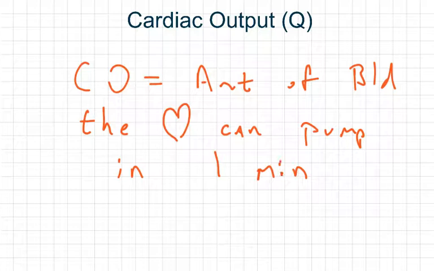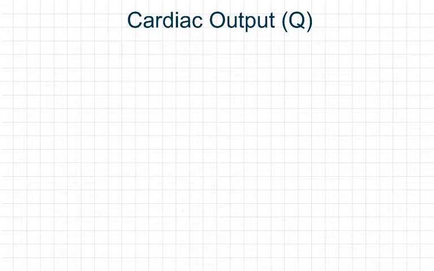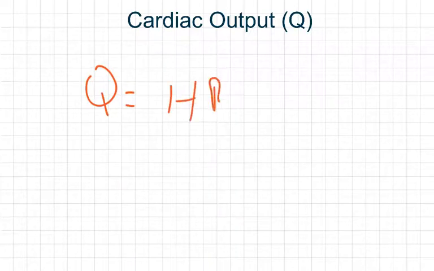And this is more of a metric that we tend to use in the field more than stroke volume. The mathematical equation for cardiac output is as follows. It's heart rate times stroke volume.